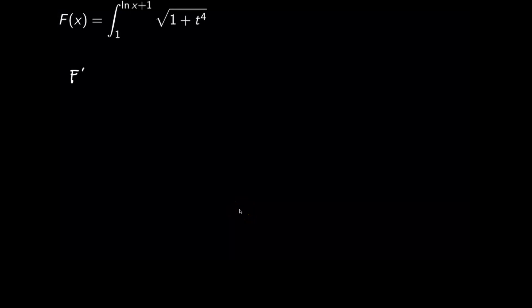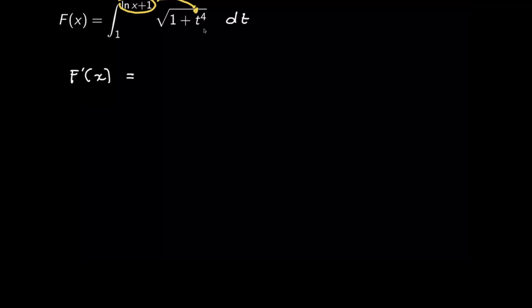So going back to our problem, we now have that f prime of x is equal to, there should be a dt over here. We just copy this expression inside, but this time around, we put that inside our t. So this is square root of 1 plus ln of x plus 1.